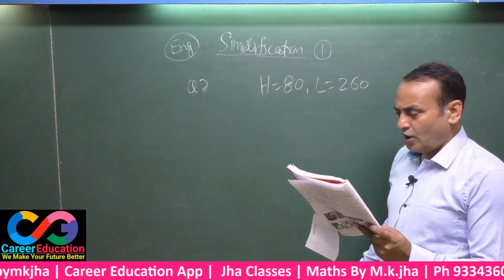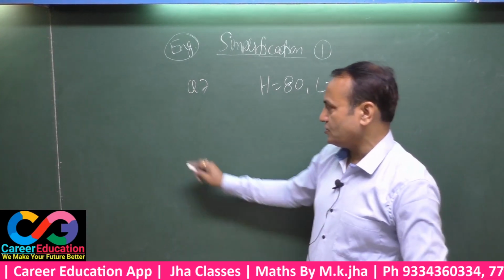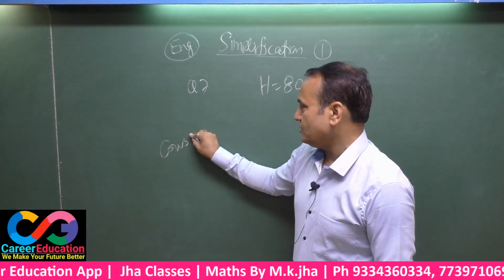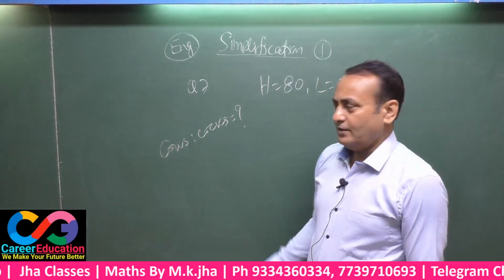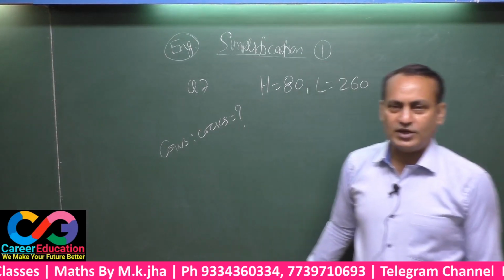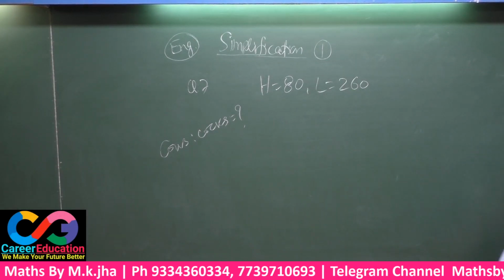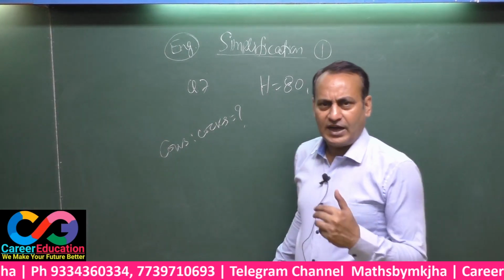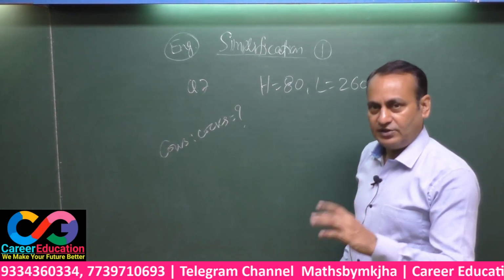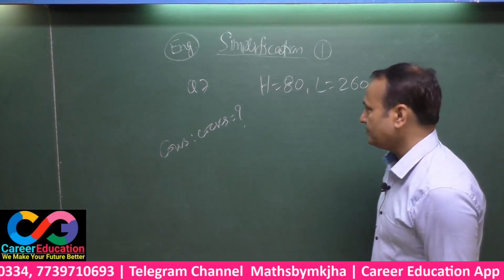Find out the ratio of cows and cocks. This will be solved through 2 methods. However, I can solve this question through 7 or 8 methods, but no need to focus on that. You have to accept the real one that is to be applied by you.